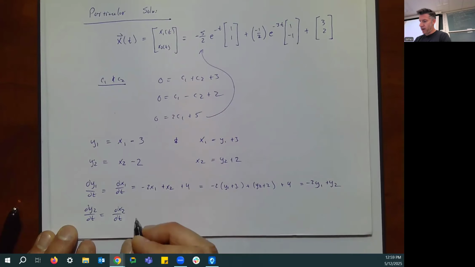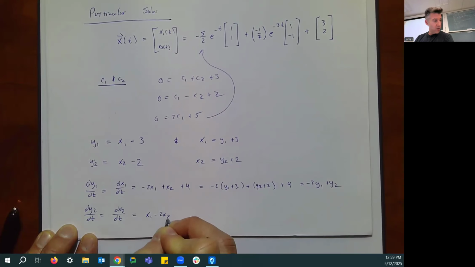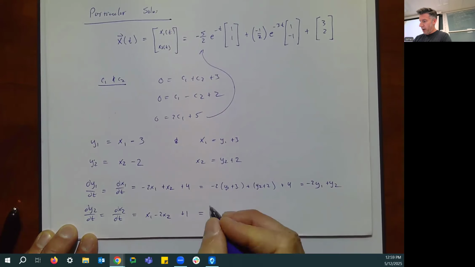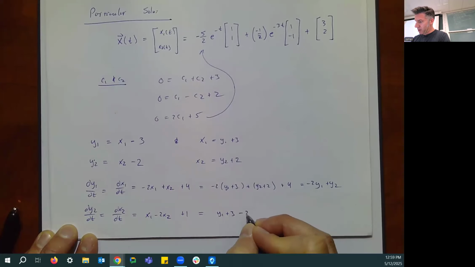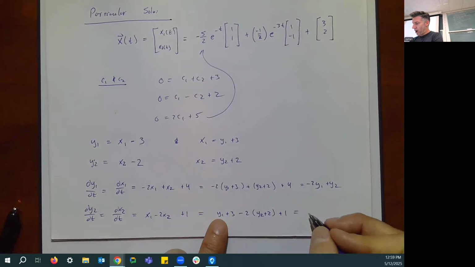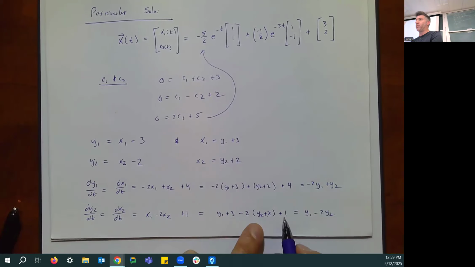In a similar way, this one equals x1 minus 2x2 plus 1. Well, x1 is once again y1 plus 3, and x2 is y2 plus 2. If you add this all together, you get y1 minus 2y2, and the 3 minus 4 plus 1 adds up to 0. It always works out that way, so you almost never even have to check it.